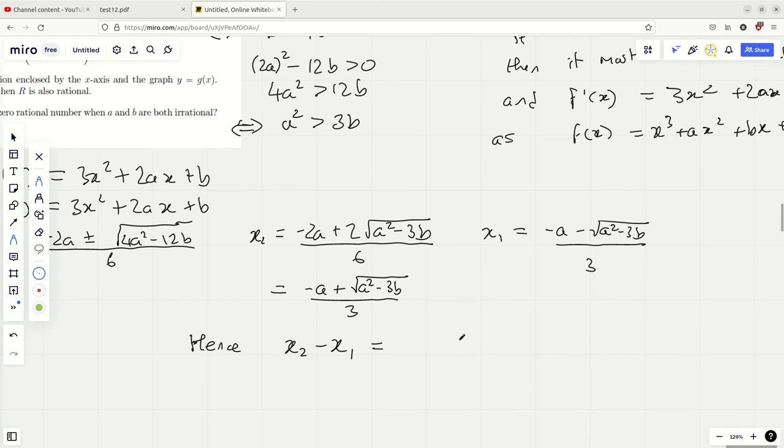Well, that becomes minus a over 3 plus a over 3, so the a's cancel. But then you've got the root of a squared minus 3b, and minus the negative becomes plus, so you end up with 2 root a squared minus 3b over 3, as required.